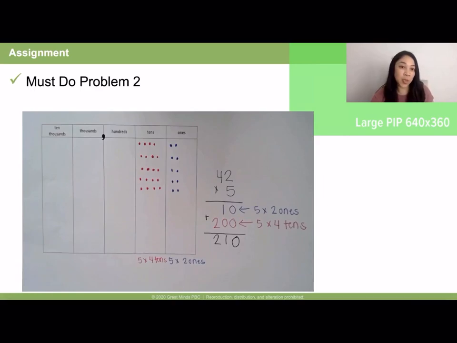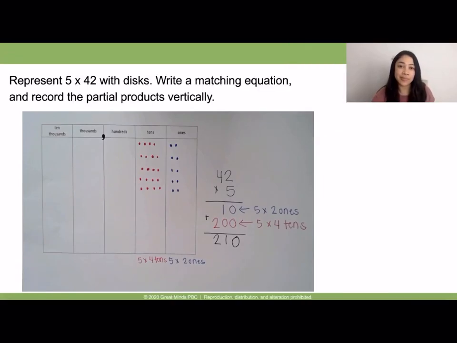Let's return back to our place value chart. Can we change to make larger units? Yes, we can change 10 ones for 1 ten, and then we can also change 10 tens for 100 twice. Do this with me now.